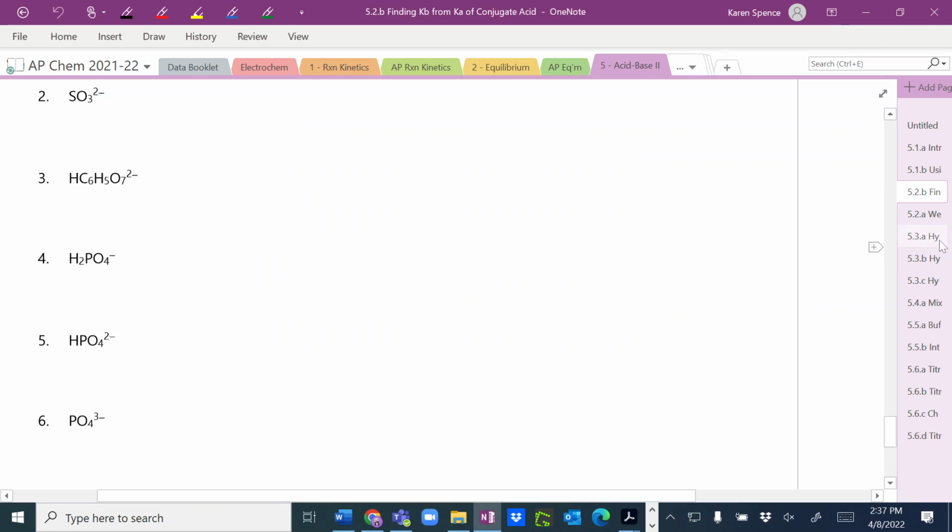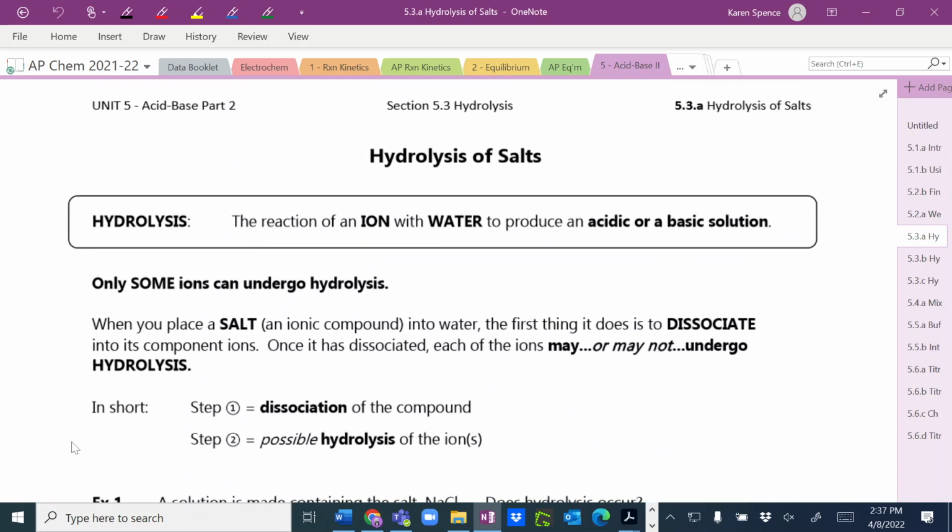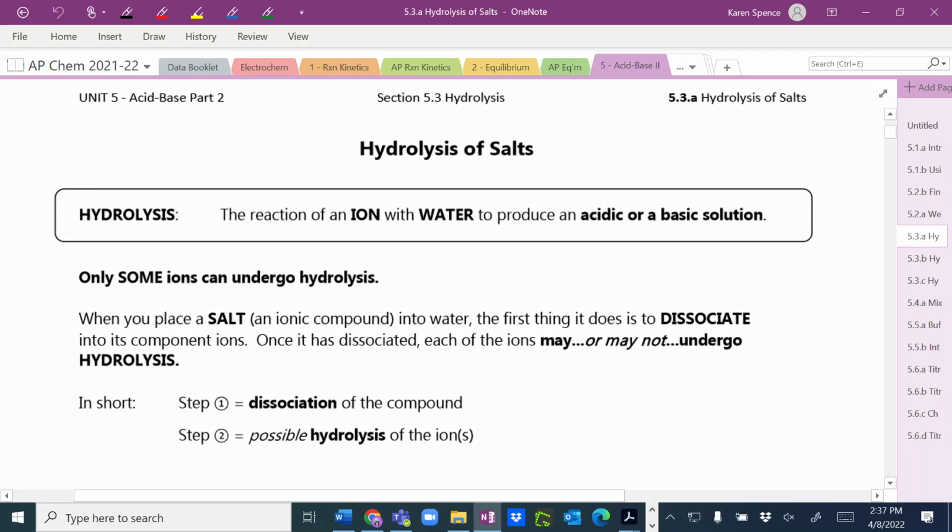So, we finished 5.2. Look, we're on 5.3 now. 5.3 is about hydrolysis. It's different than the hydrolysis in biology.